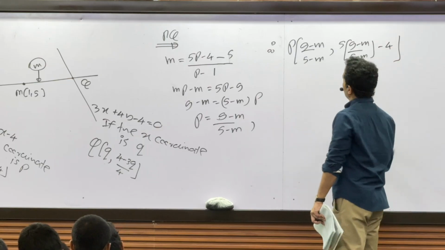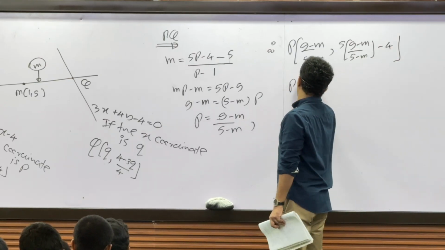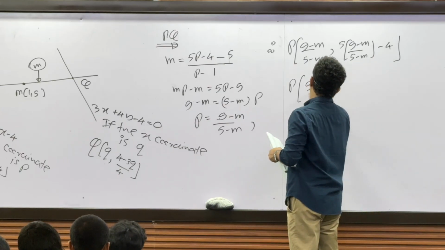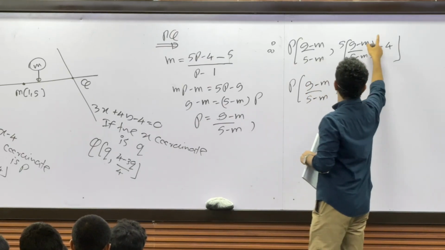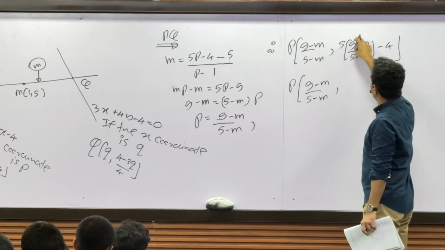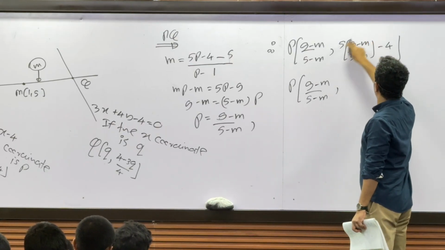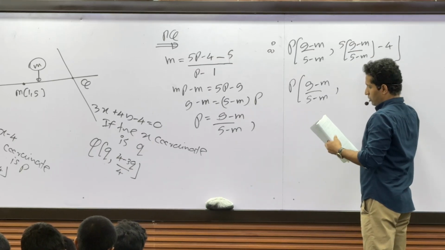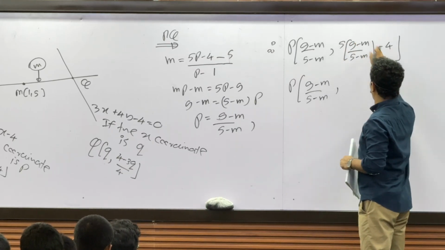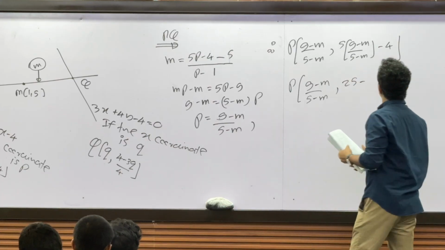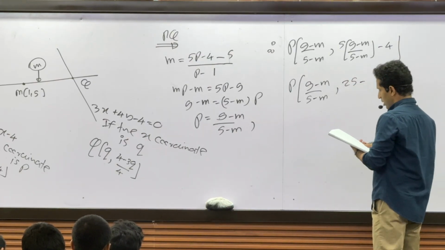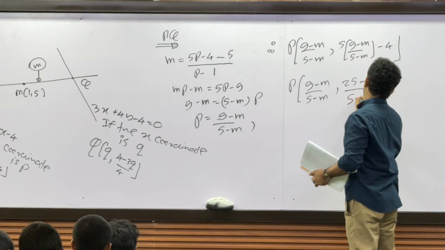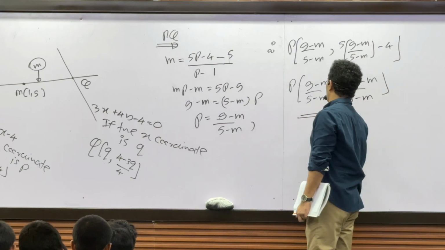When you simplify this, you will get the given answer: 5 into 9 is 45, minus 20, so 25 minus 5m plus 4m, that is (25 minus m) over (5 minus m). This is how you can find the coordinates of P.